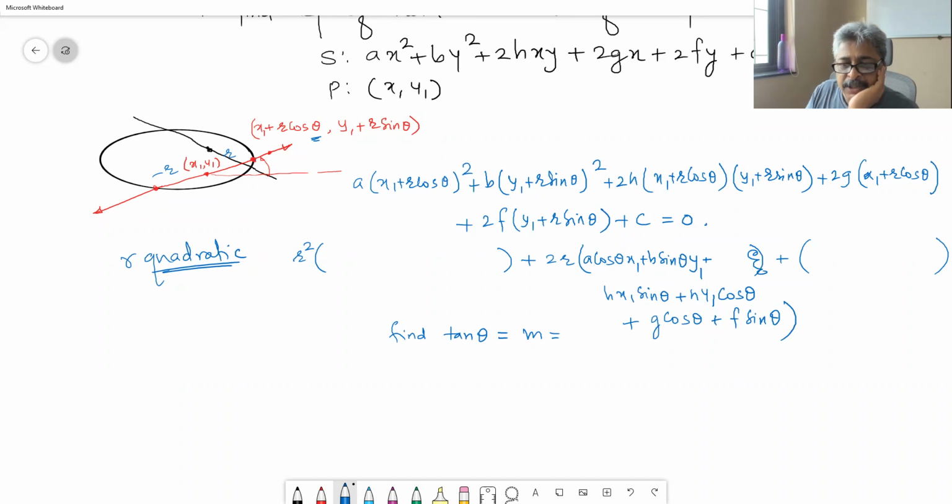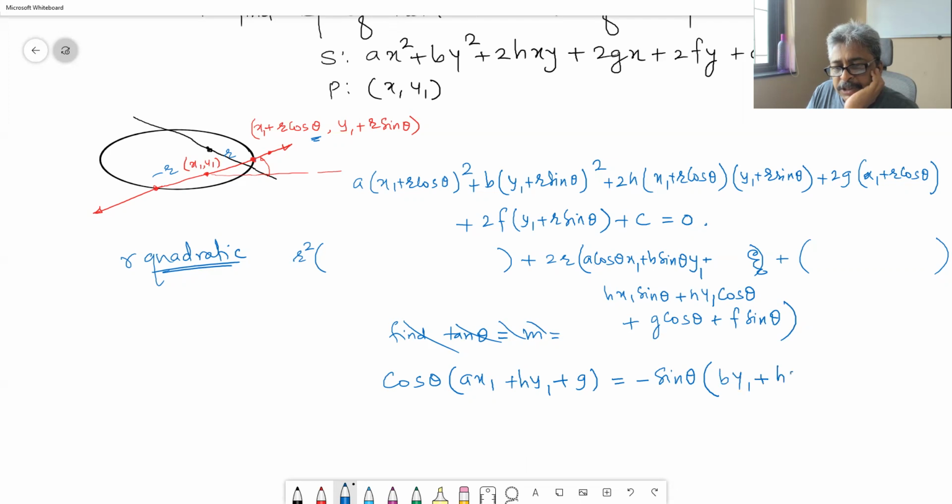Therefore, what we get is cos theta times (ax1 plus hy1 plus g) is equal to minus sin theta times (by1 plus hx1 plus f), and therefore tan theta is equal to minus sine upon cos, that is (ax1 plus hy1 plus g) upon (by1 plus hx1 plus f).